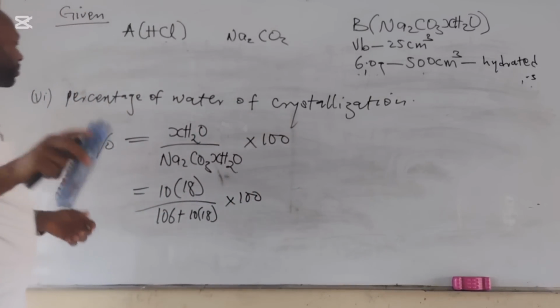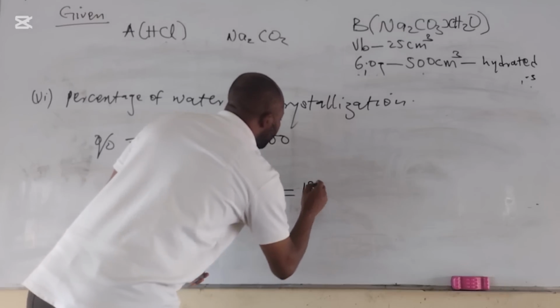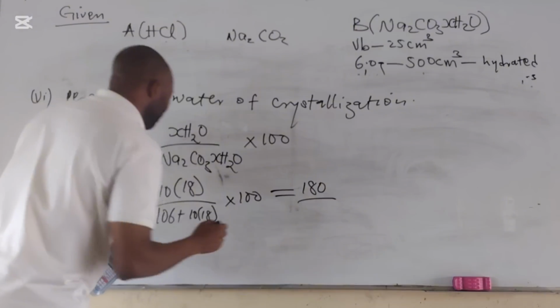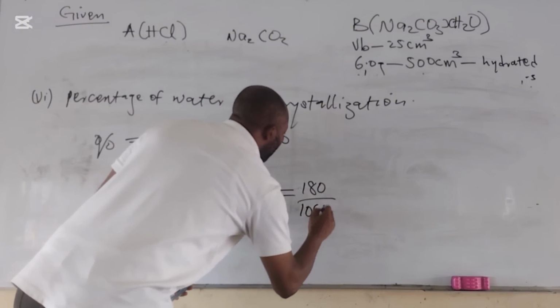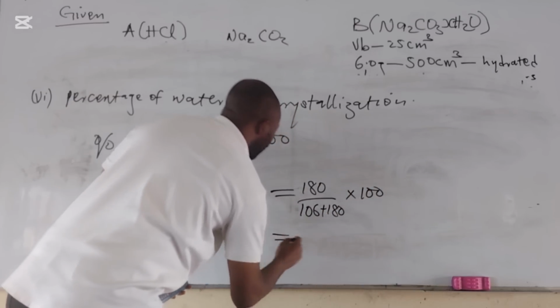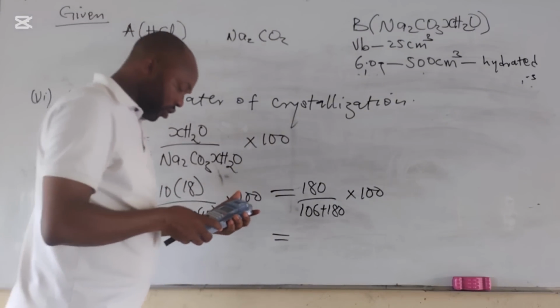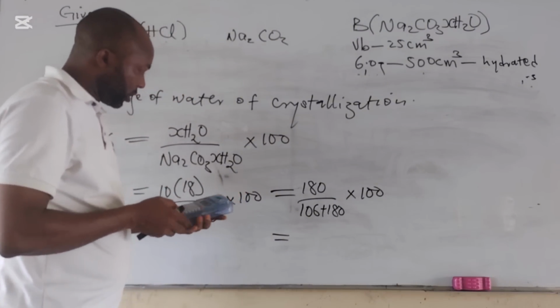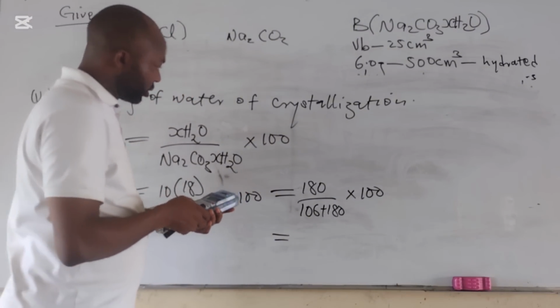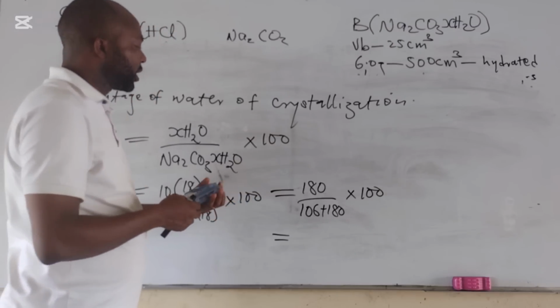So that becomes 180 over 106 plus 180, times 100. I have 106 plus 180, which is 286.